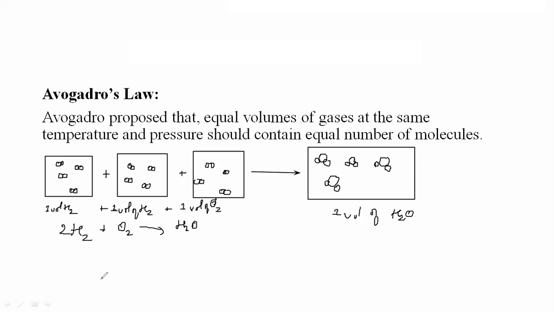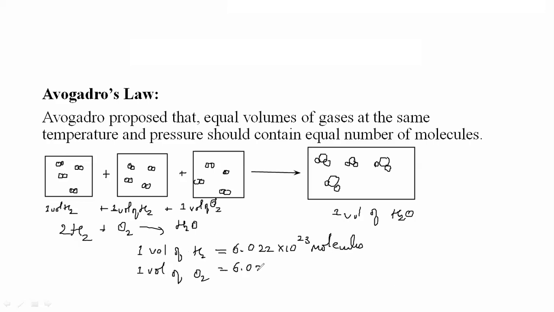So I will mention here: 1 volume of H2 will have the same number of molecules, and that number is 6.022 into 10 raised to 23 molecules. Molecules, not moles. If I say 1 volume of oxygen, it will have 6.022 into 10 raised to 23 molecules of oxygen.